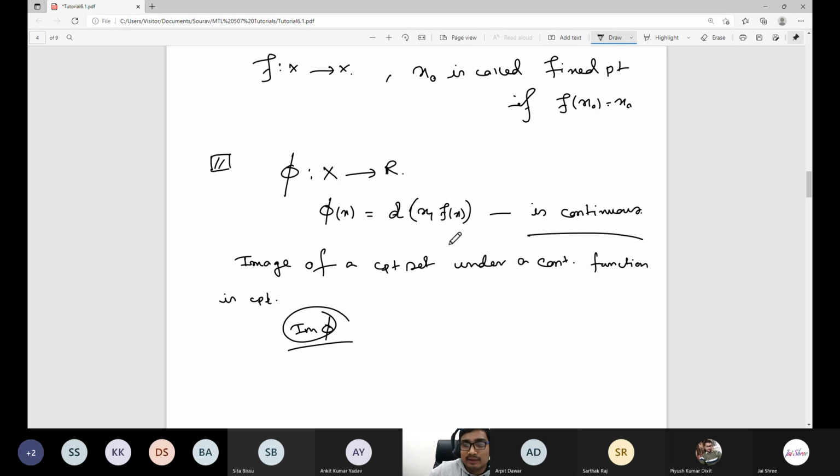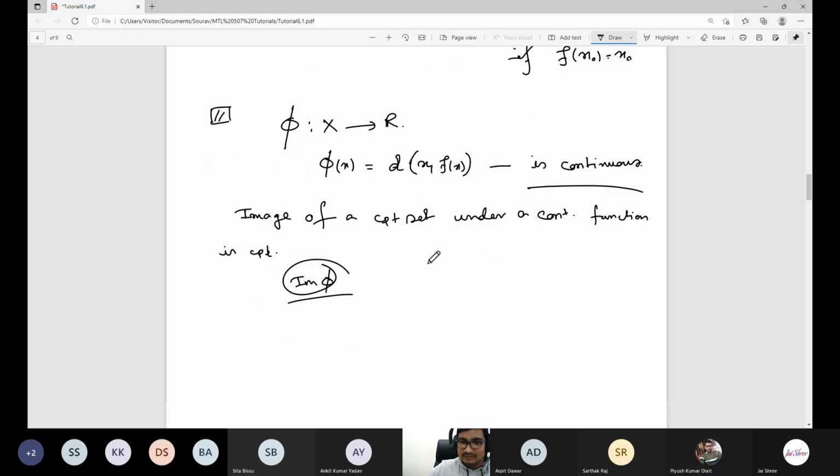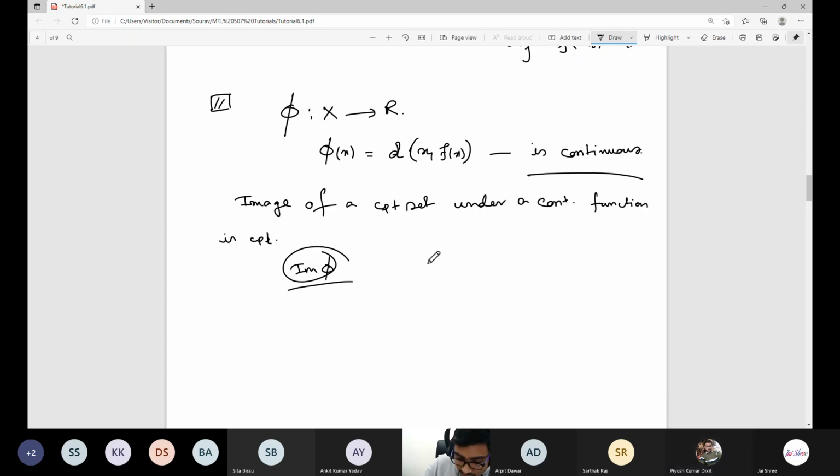Every compact subset of R has a least element and has a greatest element. In other words, a real valued function assumes a least element and a greatest element, supremum and infimum. So phi has some least element.